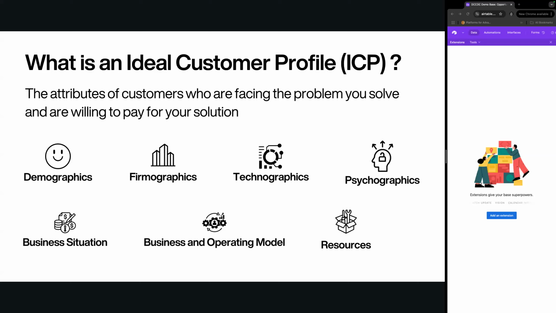And so an ICP is a collection of various attributes to describe your client in a very specific way, right? At a high level, these are some of the attribute categories we're going to hop into. Some of them you might be familiar with. If not, also great. Please write questions in the chat as we go through.